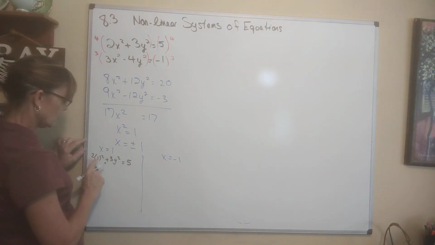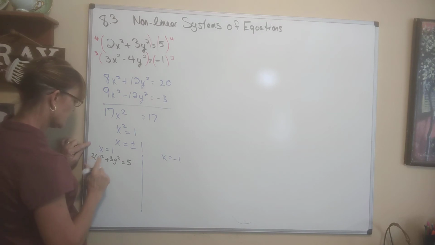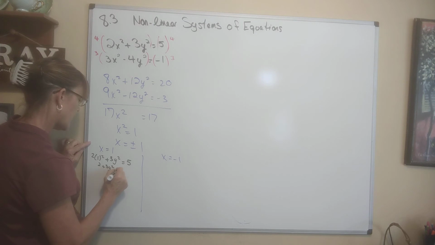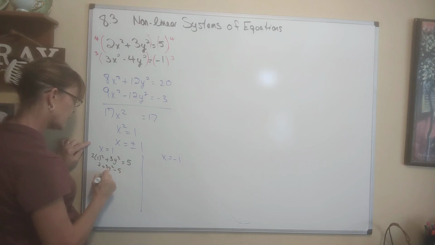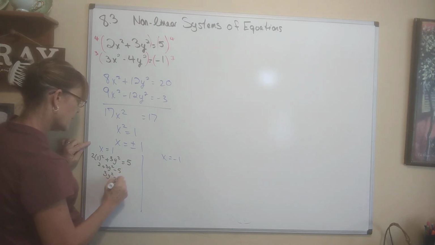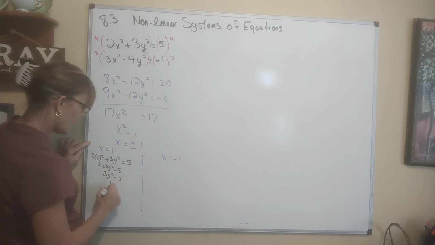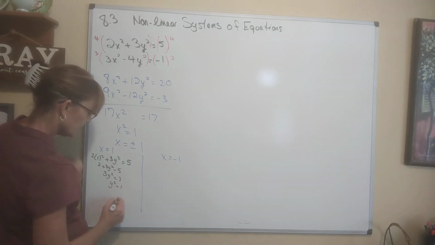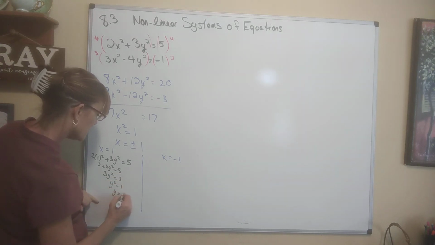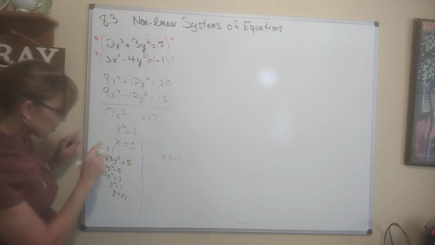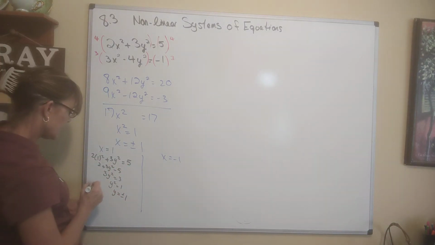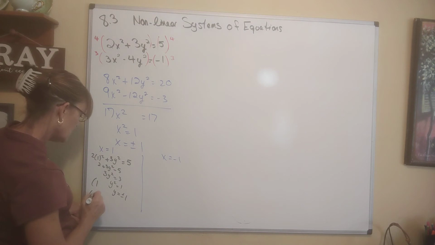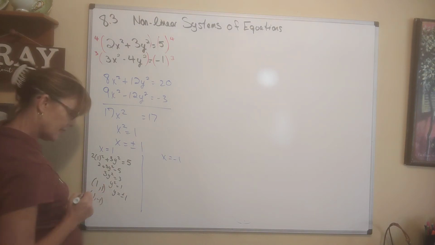Okay, so I get 1 squared is 1, 2 times 1 is 2, plus 3y squared is 5. Subtract 2 from both sides, we get 3y squared is 3. Divide by 3, we get y squared is 1. Take the square root, we get y is plus or minus 1. We get 2 answers from this one. We get when x is 1, y is 1. And when x is 1, y is -1.